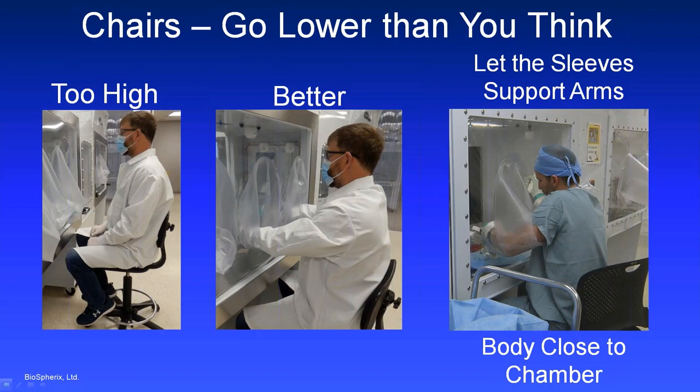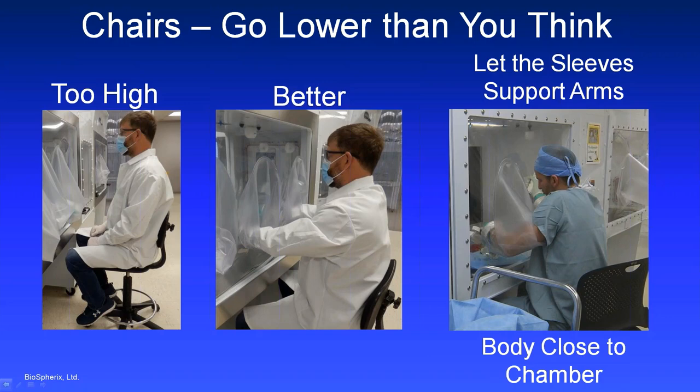And when you do get yourself situated in the chair, I'm going to encourage you to try going lower than you normally are used to at a bench or at a table. Obviously, you need to be able to fit your knees under the edge of the processing chamber. But if you set that chair really low, you might be able to get your body even closer to the chamber than you're used to.